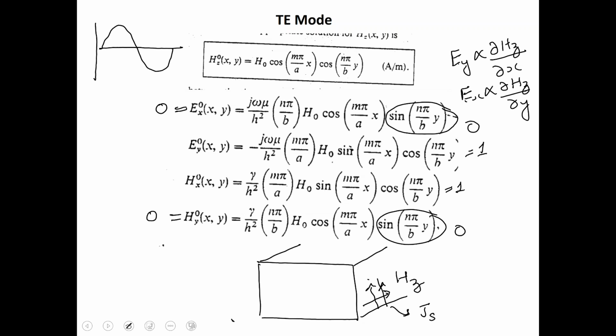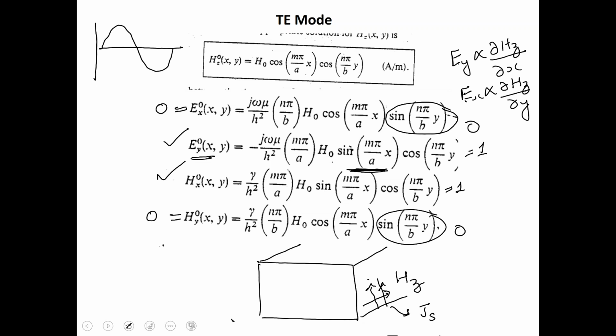It's telling you Ey is going to exist, Hx is going to exist, such that m is equal to 1, and Ey is going to have one amplitude, it basically is going to be sine pi x by a. So it is going to have one lobe, one amplitude variation in the x direction.